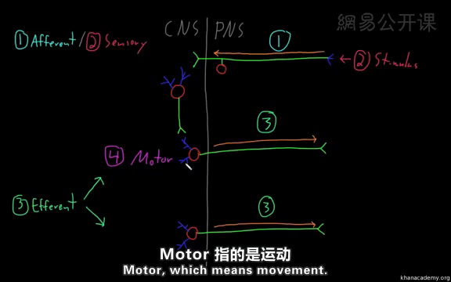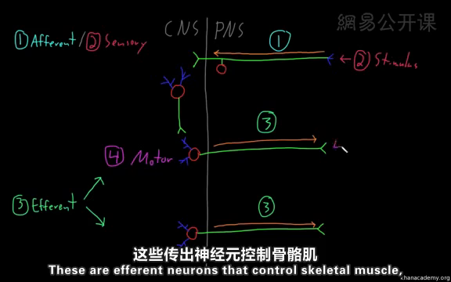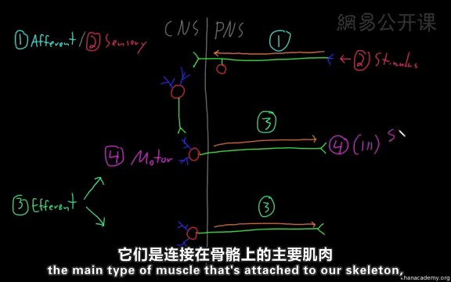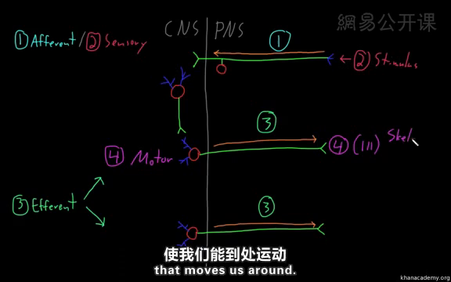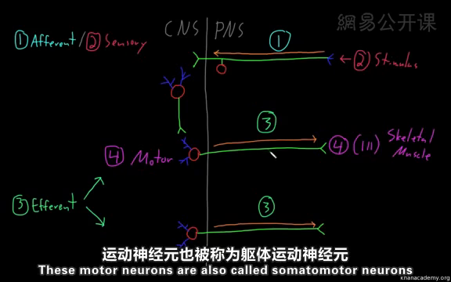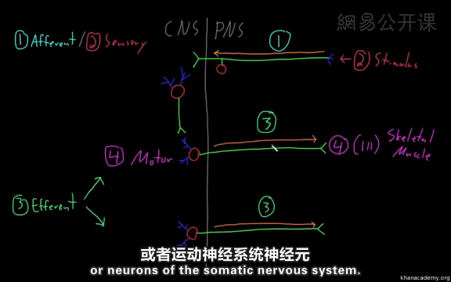Motor, which means movement. These are efferent neurons that control skeletal muscle, the main type of muscle that's attached to our skeleton that moves us around. Skeletal muscle. These motor neurons are also called somatomotor neurons, or neurons of the somatic nervous system.